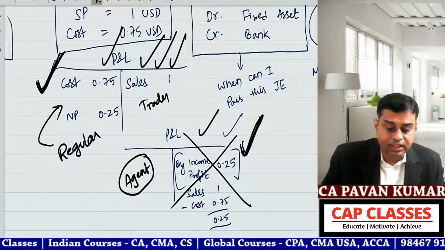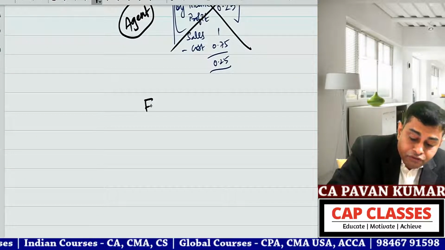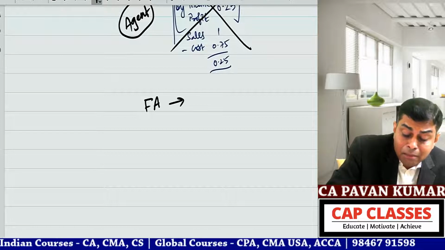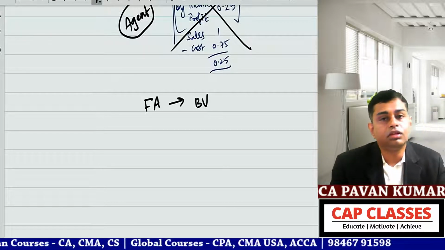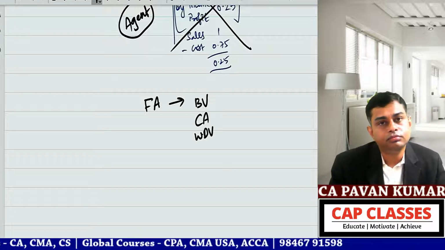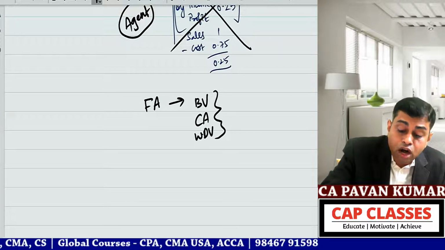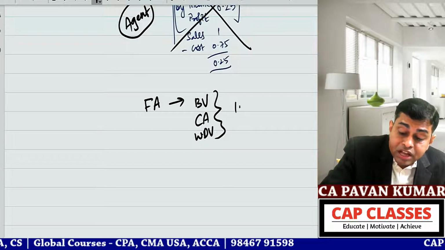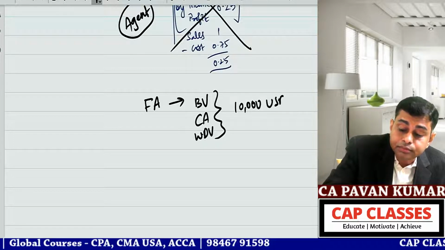Sale of fixed asset. For example, a fixed asset having a book value, which we also call carrying amount or written down value, of say $10,000 US.